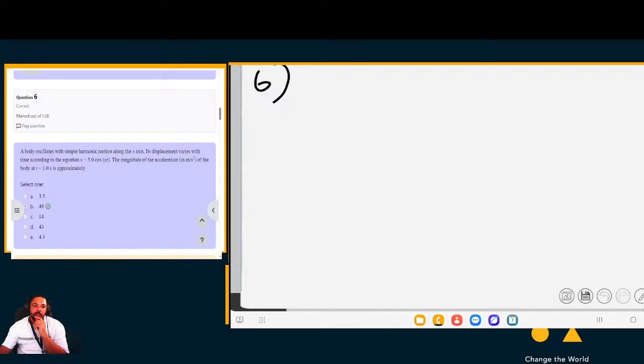So, let's start. Simple harmonic motion. The problem says we have a body oscillating with simple harmonic motion along the x-axis.